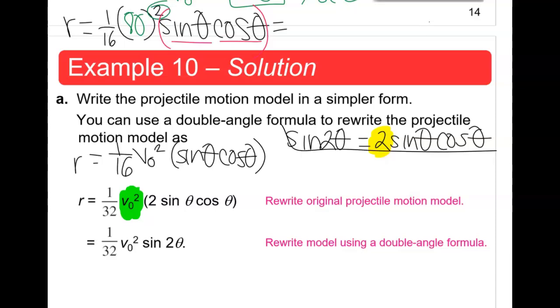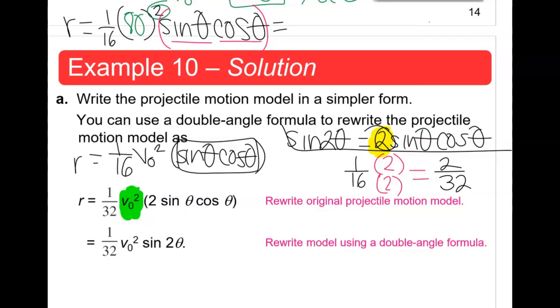So since we want to have that 2 in front of this product, we're going to do this little trick. So 1 over 16, if we multiply by 2 top and bottom, what we will obtain will be 2 over 32.